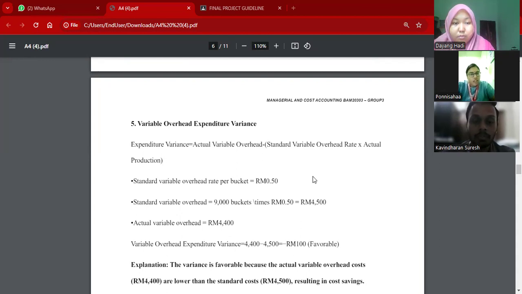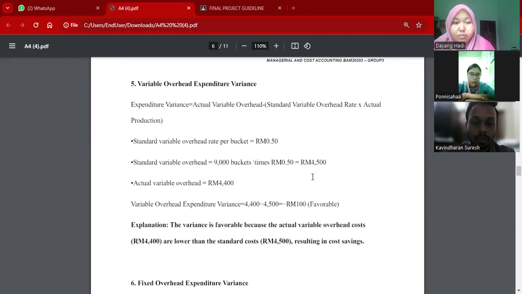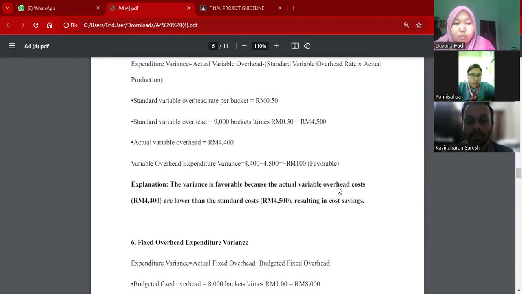The actual variable overhead is 4,400 ringgit. Putting this into the formula, 4,400 minus 4,500, the answer is 100 ringgit, and it is considered favorable. It is favorable because the actual variable overhead of 4,400 is lower than the standard cost of 4,500, resulting in cost savings. Thank you.